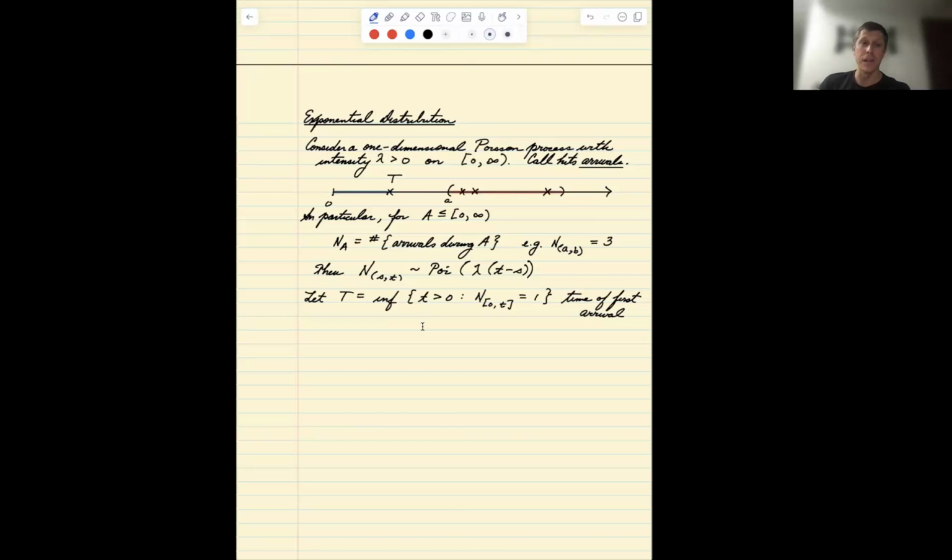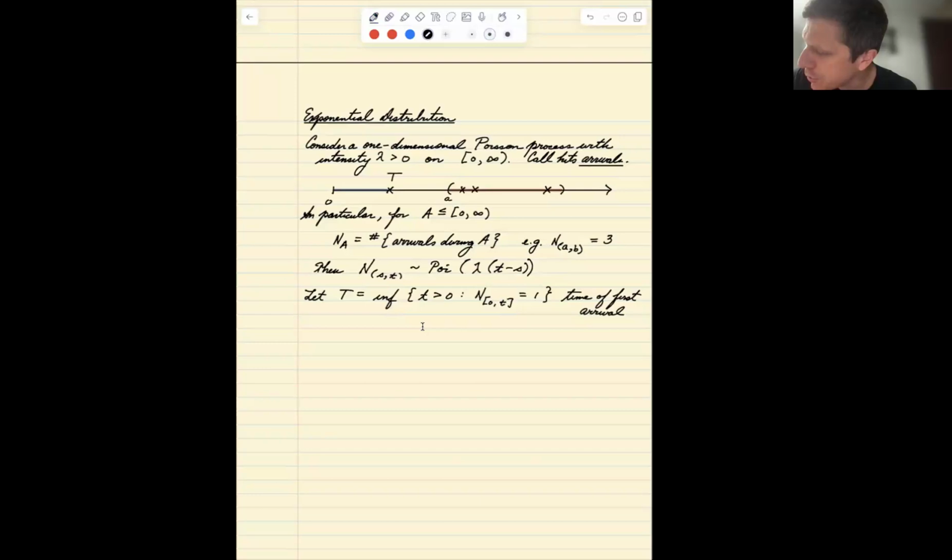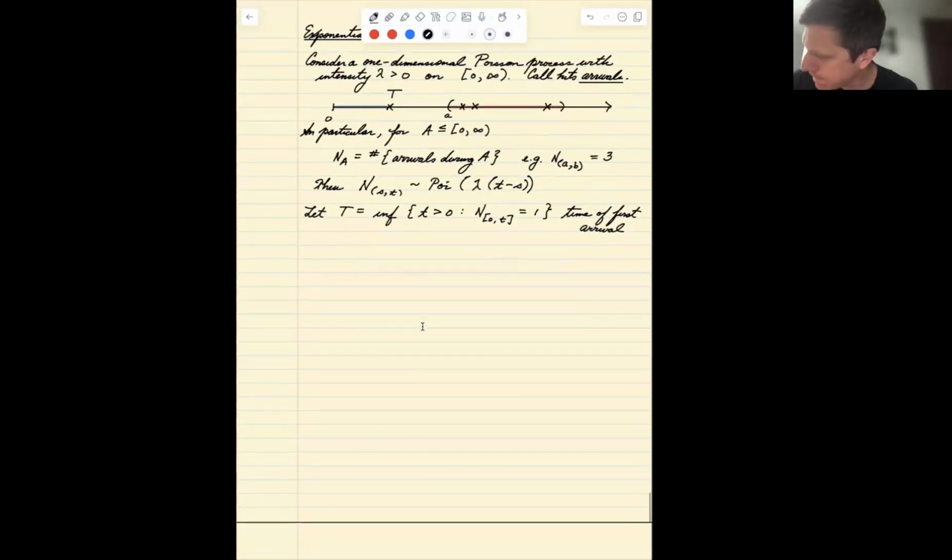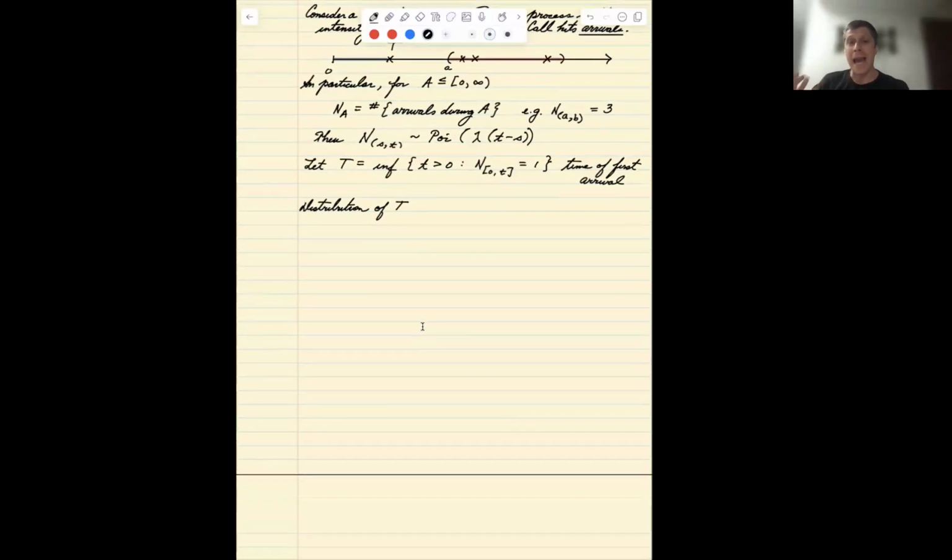That's what we define as this random variable T. So then the question is, what's the distribution of T? There are a couple of ways we can do this, but we have everything we need to do it.